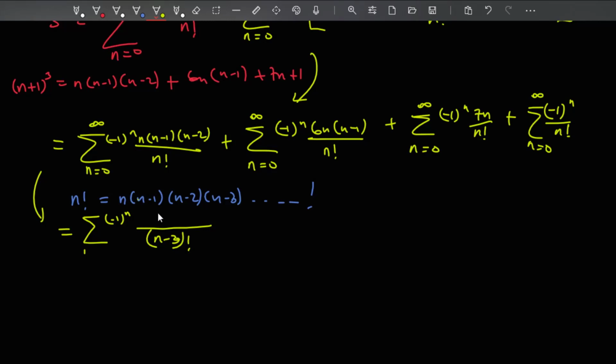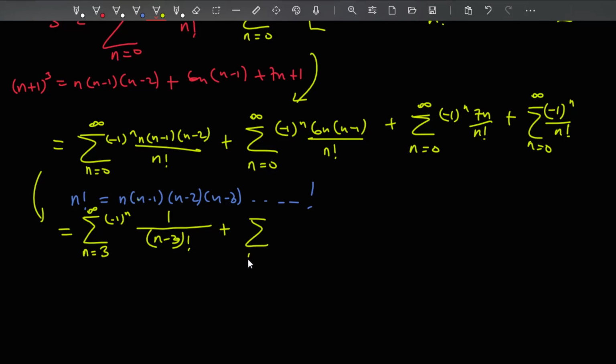So I'll just have 1 as my numerator here. So there we go. And of course now I have to begin from n equals 3, to infinity, plus I'll do the same here.